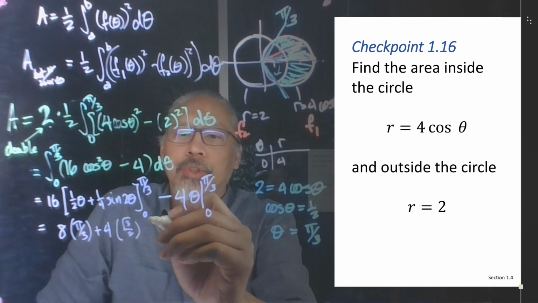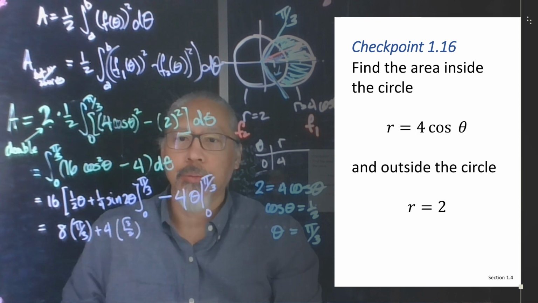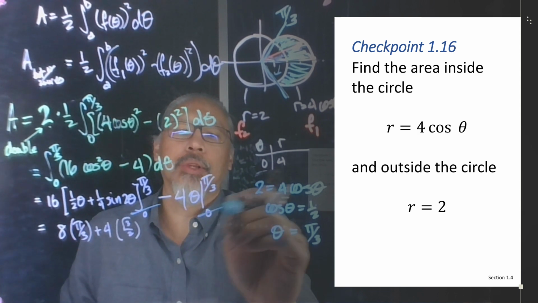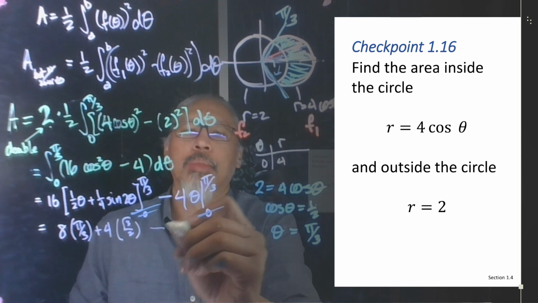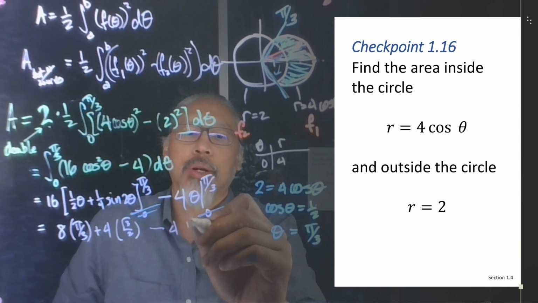And then again, 0, so we don't need to worry about this. And the same thing with this, we don't need to worry about that either. But we do have a minus 4 times pi over 3.